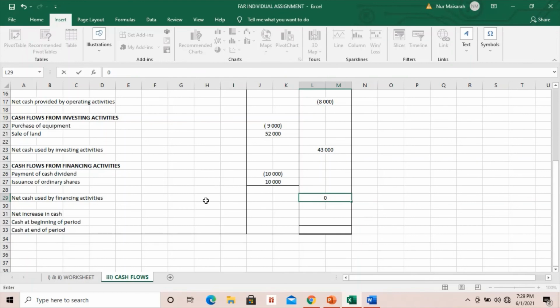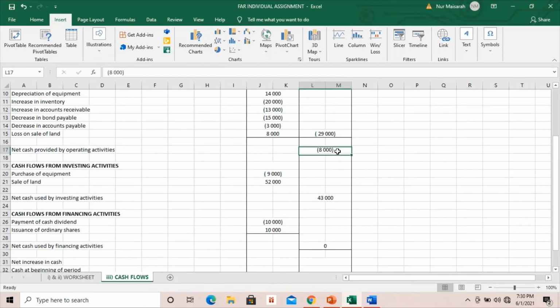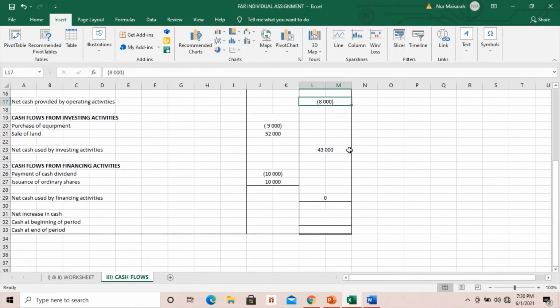And then for net increase in cash, we will total up the negative 8,000 plus 43,000. We will get 35,000.